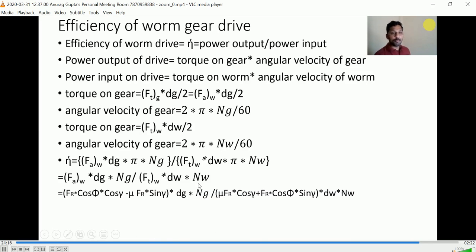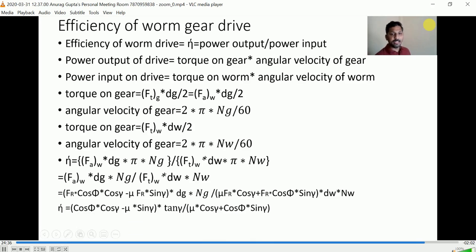Now we can put in the values of FAW and FTW which we calculated on the previous slide. We write the axial force value in terms of the resultant force, and we put the tangential force value in terms of the resultant force.